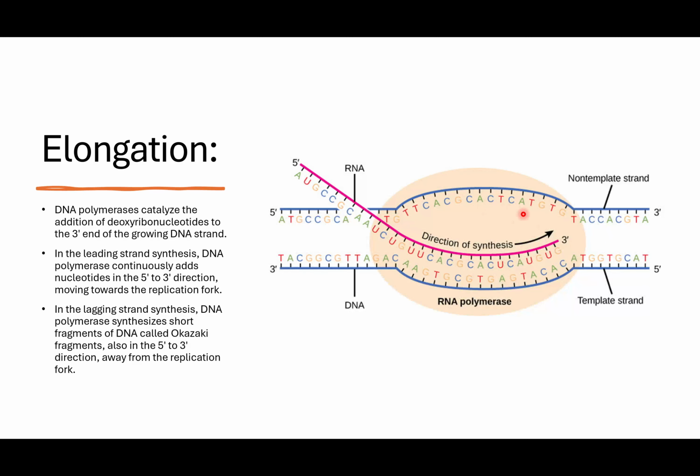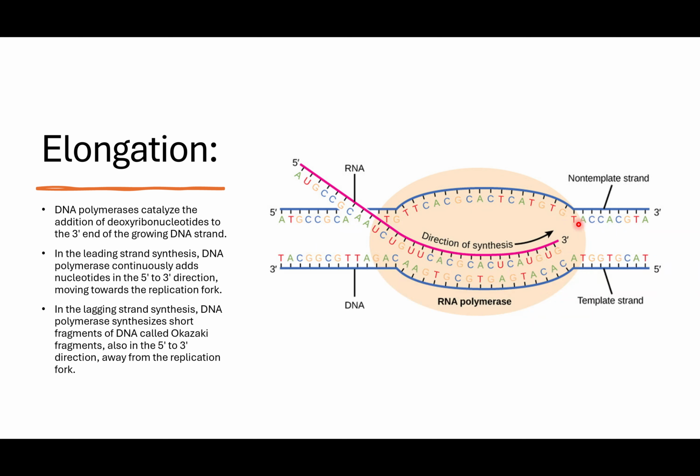And here we now have an elongation, where the DNA polymerase that got onto the primer itself will catalyze the addition of the deoxyribonucleotides to the 3' end of the growing DNA strand. So the direction of synthesis is from 3' going upwards there.